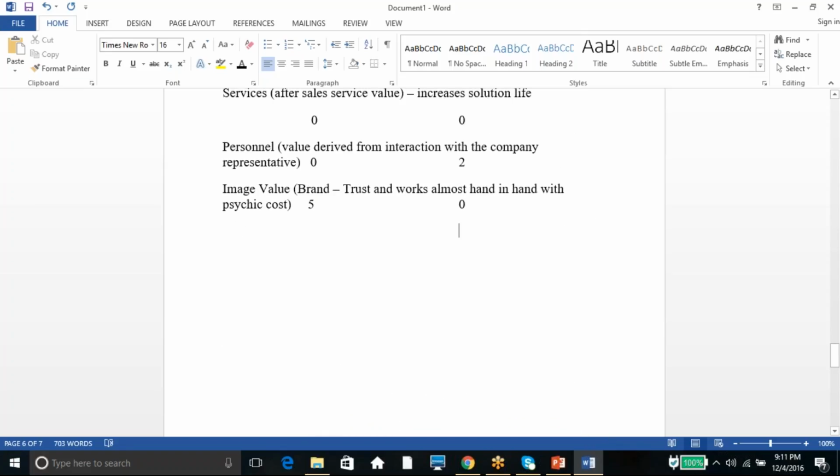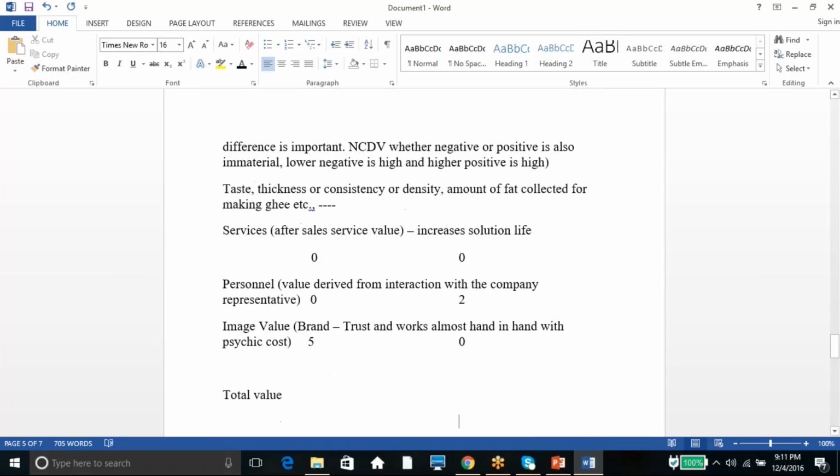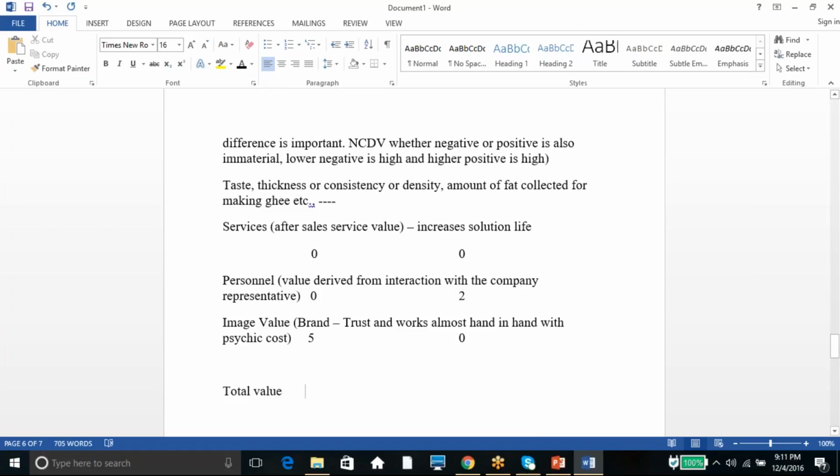So total value. How much did we put for solution value there? 5, 1. This is 10 and this is 3.